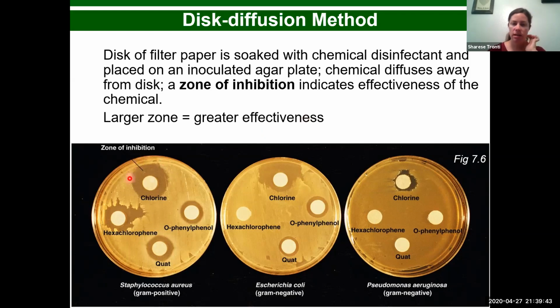So in here, all of the bacteria have died because of this disinfectant. And so you can measure the effectiveness of these chemicals by looking at the zone of inhibition. So the greater area that the growth of these microbes has been inhibited, then that's going to mean that disinfectant was more effective.